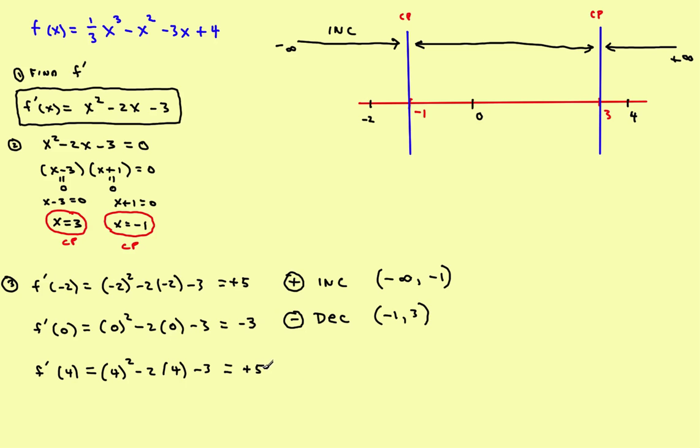Again, you really don't care if it's a positive 5, a positive 7, a positive 12. It's just a positive. So the number doesn't make any difference, but it is a positive, which says that it is increasing. So now you know it's going to be increasing on the interval from 3 all the way out to a positive infinity.